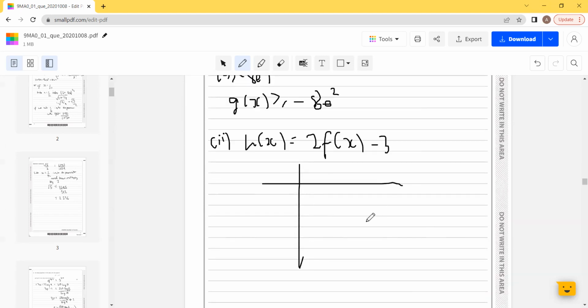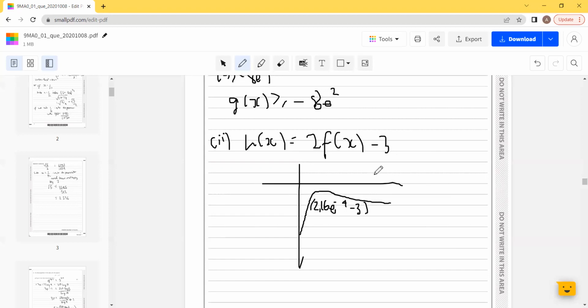Our new graph would come up in this manner, and this point is now 16e^-4 minus 3. All we have to do now is figure out where h of x is equal to 0.